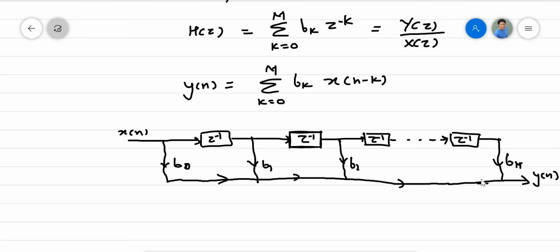One can clearly see there is no feedback in this particular system. So FIR is this kind of system which doesn't have any feedback from the output side.